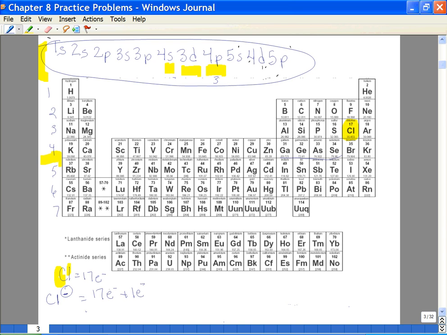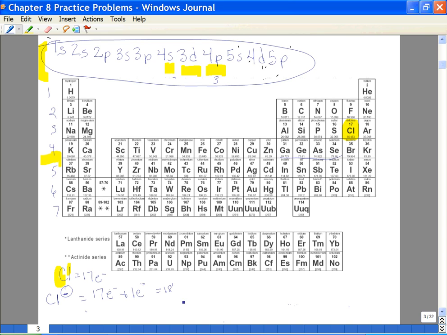So there's a couple of different ways, once again, that we can approach this. If we want to, we can just draw our boxes in the correct order and fill them up until we get to 18 electrons. We can do that, and that would be like this. So drawing our boxes in the right order: 1s, we have 2 in there.